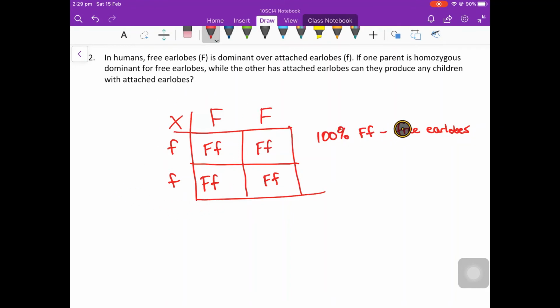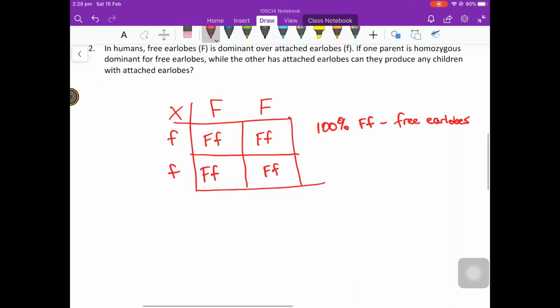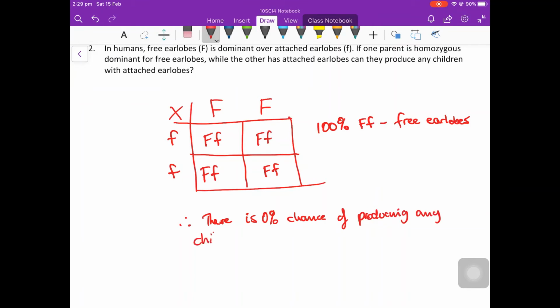So we haven't technically, even though we've done everything that we need to do, we haven't technically answered the question. It says, can they produce any children with attached earlobes? So I'm probably going to write a little sentence down the bottom. So therefore, there is 0% chance of producing any children with attached earlobes.